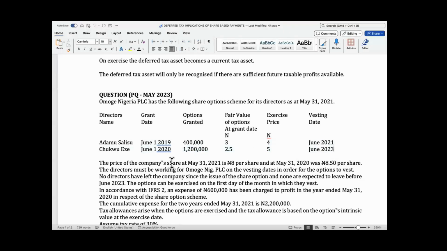Now, I was given the share price as at the end of 2021. They say it's 8.5 naira per share. I was told that the directors must be working for Morgan Nigerian PLC on the vesting dates in order for the options to vest. So no directors have left the company since the issue of the share options, and none are expected to leave before the vesting date. The options can be exercised on the first day of the month on which they vest.